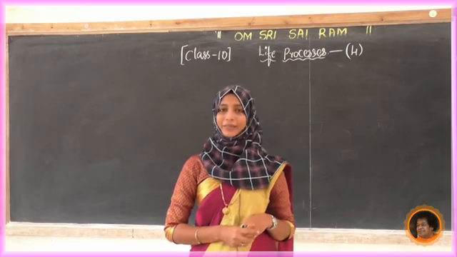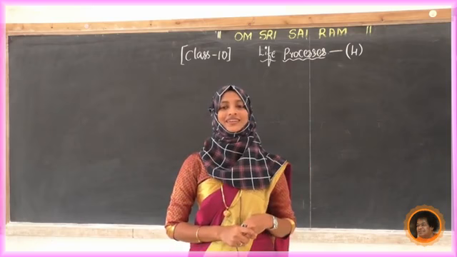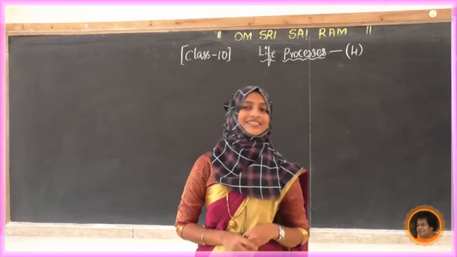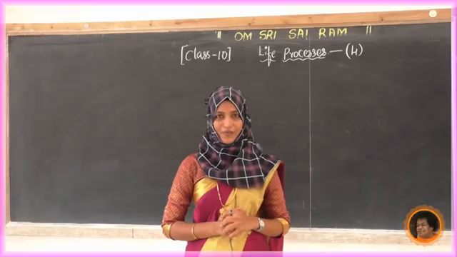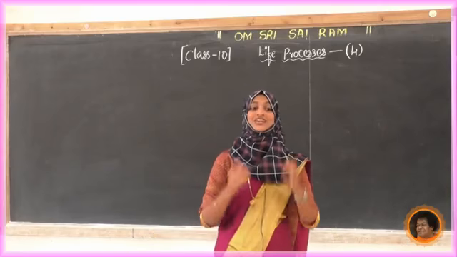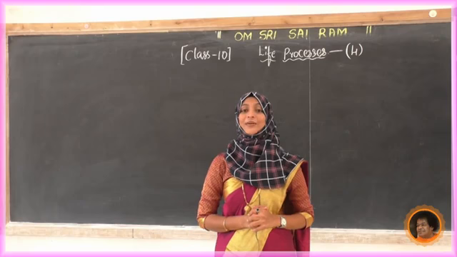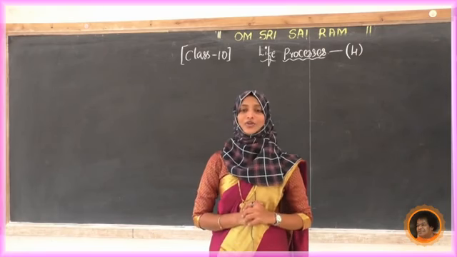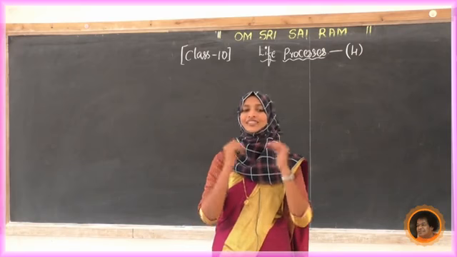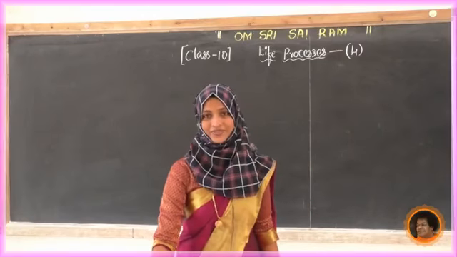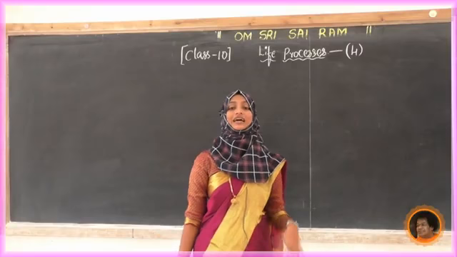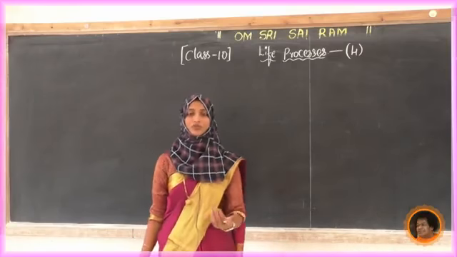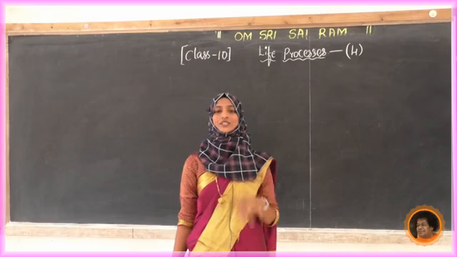It is because we have a well designed circulatory system in our body, called the transportation system. So in today's class we are going to study transportation, the third life process that we are studying.